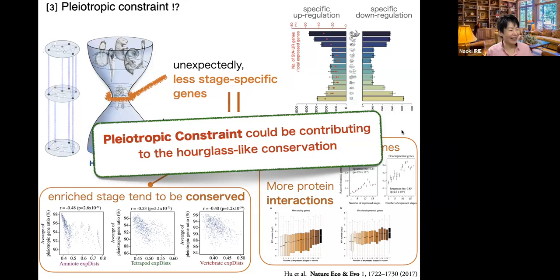That's difficult to answer, of course, but the extant species may have succeeded by creating this kind of checkpoint or constraint.